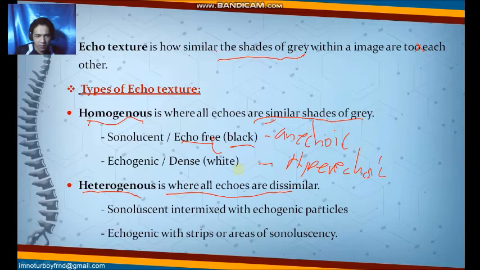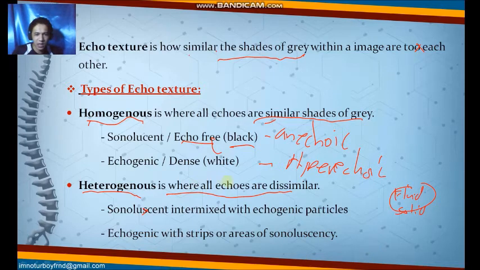Okay. And then we also have heterogeneous, in which all the echoes are dissimilar. We have sonolucent intermixed with echogenic particles. Like for example, in a complex mass. In a complex mass, that means it has fluid inside, and also solid material. So that is a complex mass, a combination of fluid and solid masses.